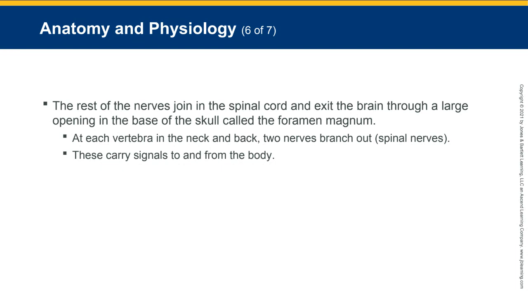At each vertebra in the neck and back, two nerves branch out. These are the spinal nerves. These carry signals to and from the body. There are 12 pairs of cranial nerves and 31 pairs of spinal nerves.